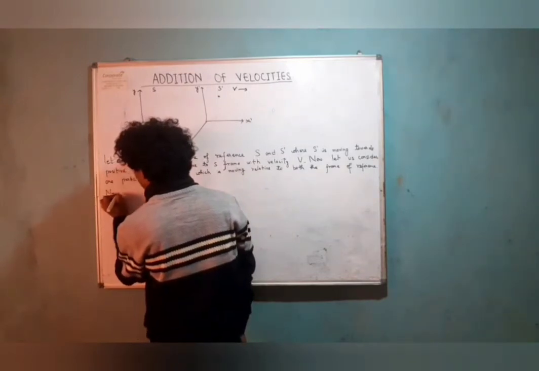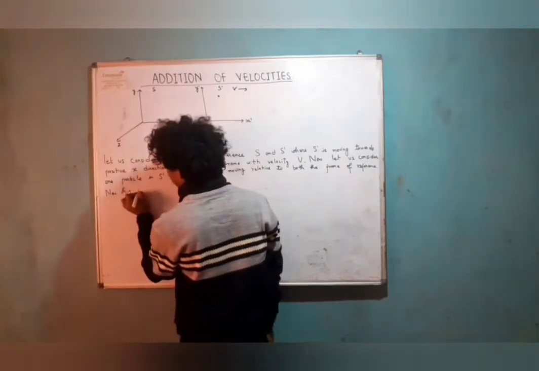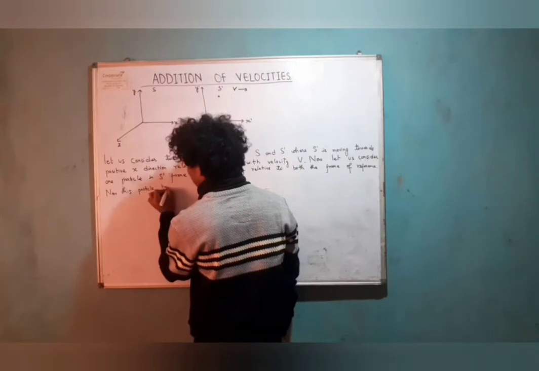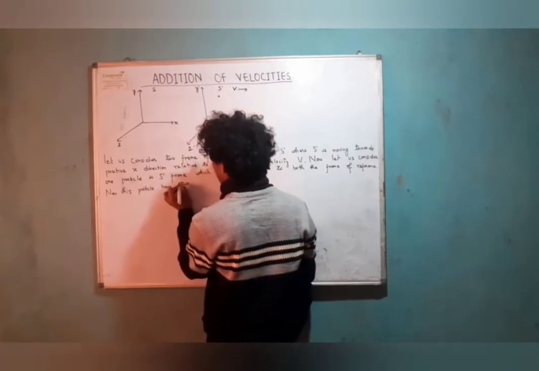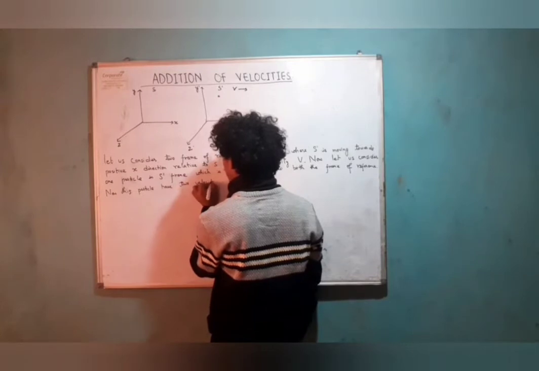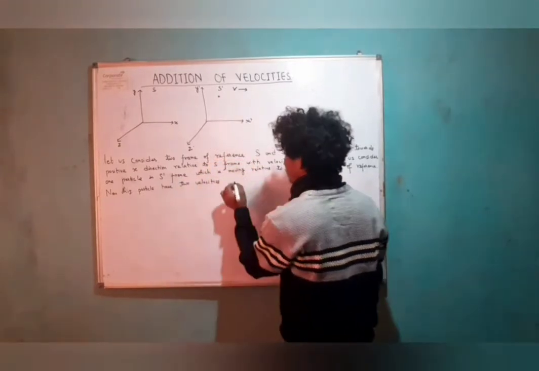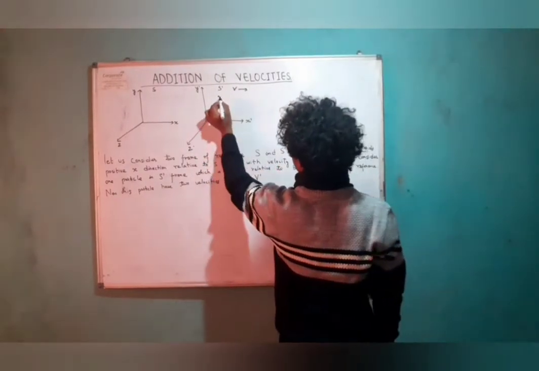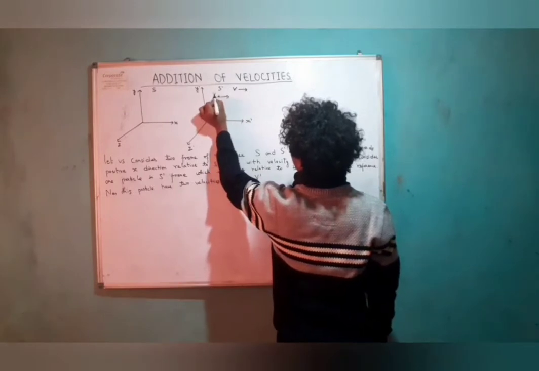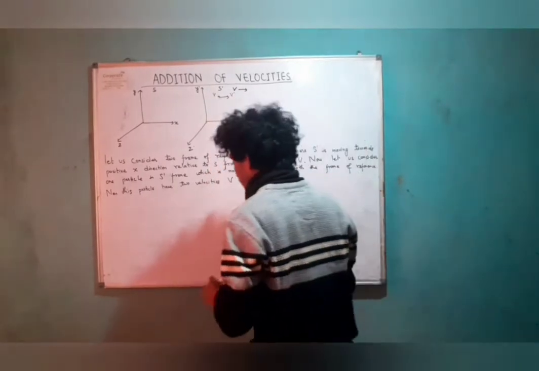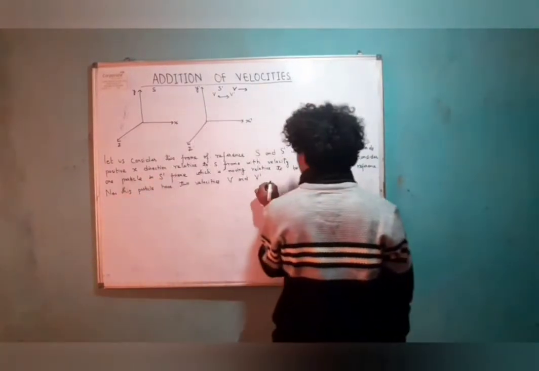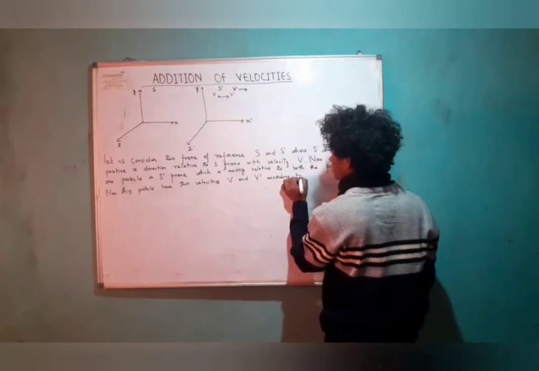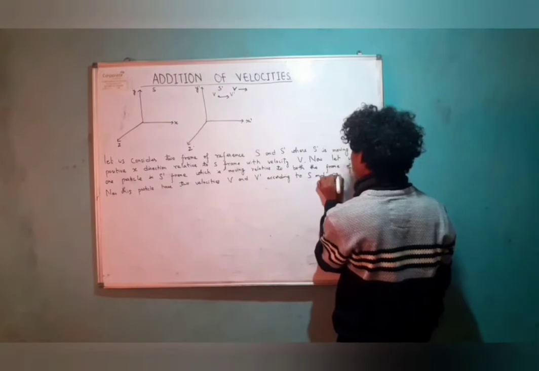Now this particle has two velocities, v and v prime. These particles have two velocities, v and v prime, according to S and S prime frame.